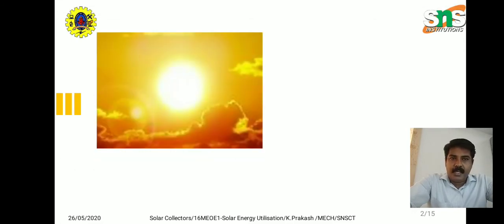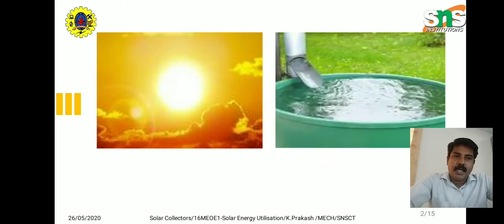So we are seeing a picture. When we see this picture, what comes into our mind? What we feel is we see a sun and it is bright. So what we infer from this is the sun is the source of energy.